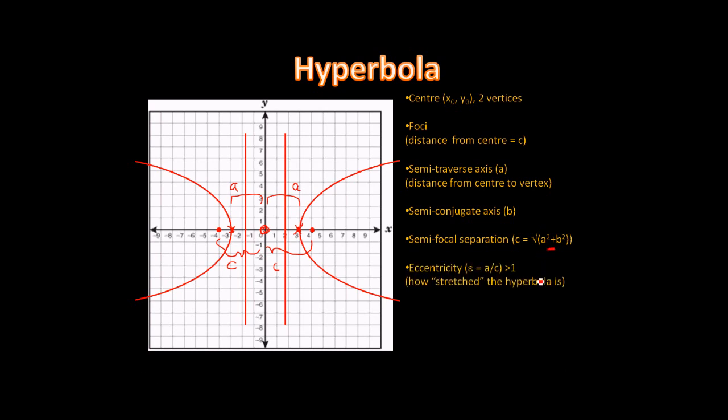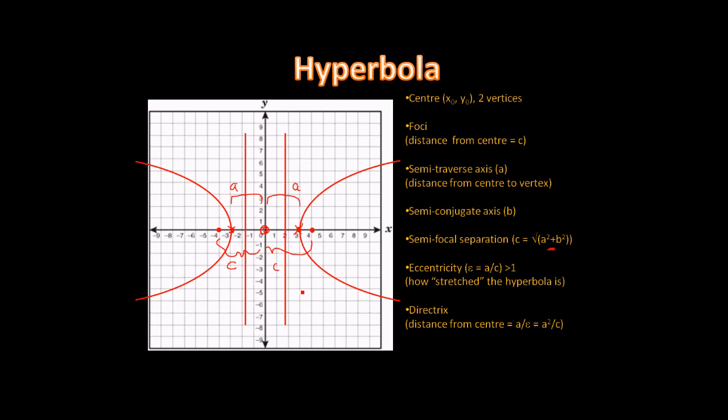Now again, we have eccentricity, with the same definition as in an ellipse, but here the eccentricity, epsilon, will be greater than 1. Again, it is a value describing how stretched the curve, which is the hyperbola, is. And we also have the directrix.